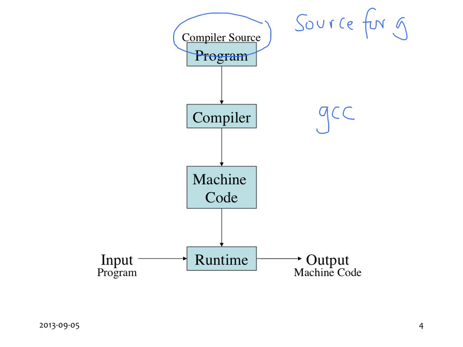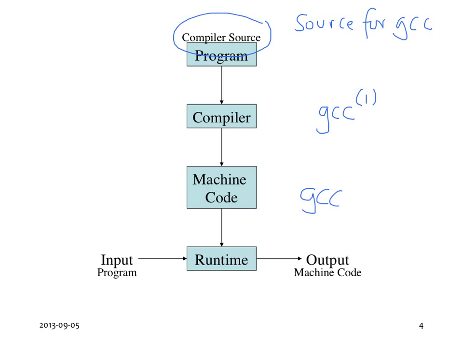GCC is a large project written in the C programming language, and it has to be compiled so that you create machine code, which is going to be the machine code that is GCC. Just to keep things clearer, let's call this one GCC1.